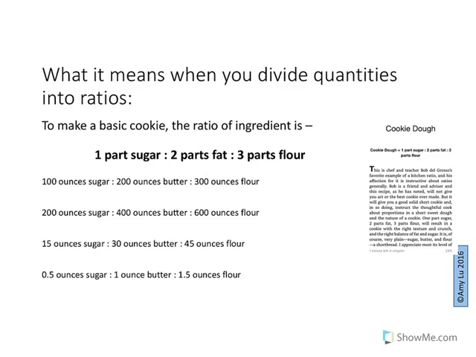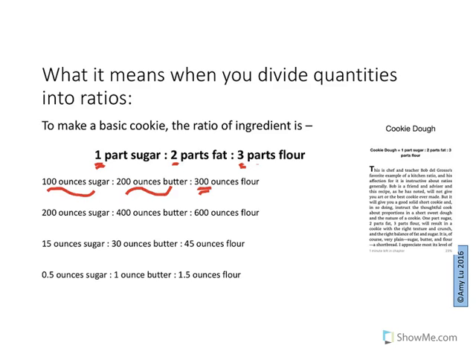For example, if I want to use 100 ounces of sugar, I would have to use 200 ounces of butter because the ratio is 1 part sugar to 2 parts fat. And for 3 parts flour, I have to use 300 ounces of flour because 100 times 3 makes 300.